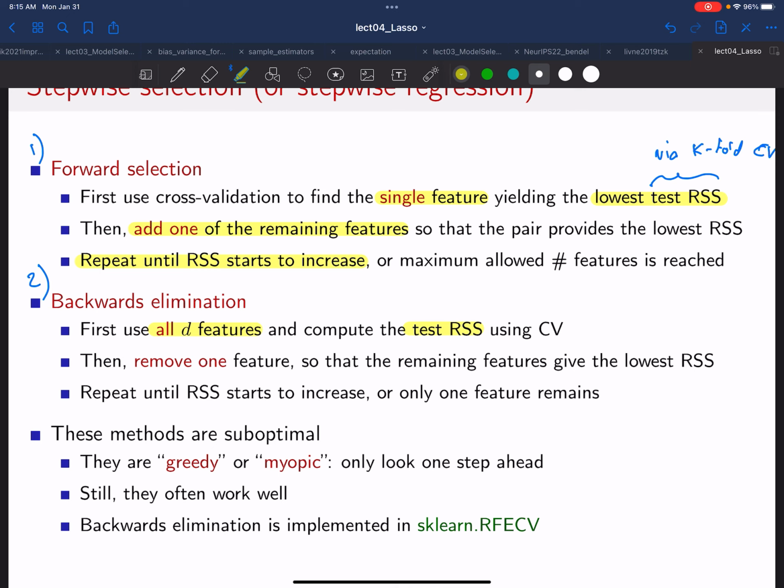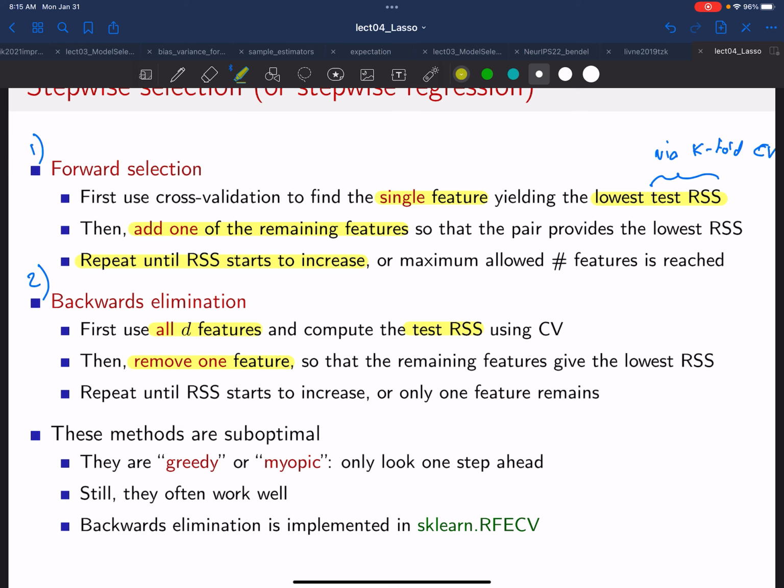So you remove one feature, by testing out removing the first, removing the second, and so on. Once you figure out which feature to remove the first time, you say, okay, I'm going to remove that forever. And now I'm going to figure out which is the second feature I want to remove. And so every time you do this, your subset decreases in size.